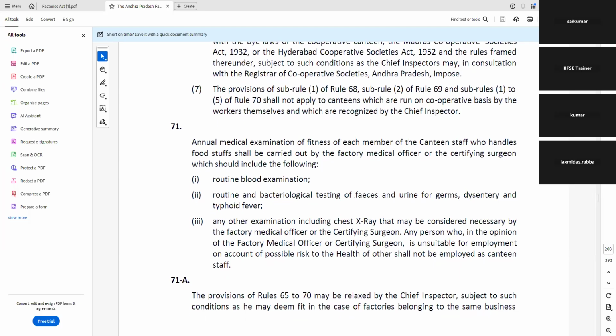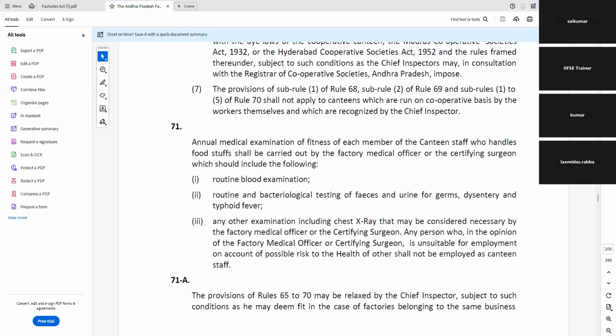So again, as I mentioned yesterday, there shall be an annual medical examination of fitness of each member of the canteen staff who handles the foodstuffs, carried out by the factory medical officer or a certifying surgeon, which should include a routine blood examination, routine and bacterial testing of the faeces and also the urine for germs, and also dysentery and typhoid fever, or any examination including chest x-ray that may be considered necessary by the factory medical officer or certifying surgeon.